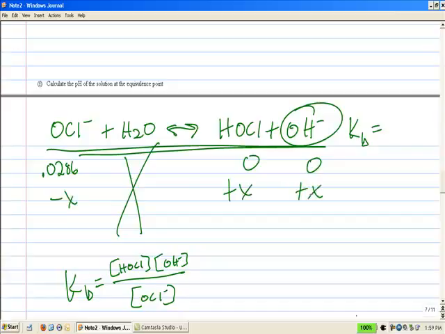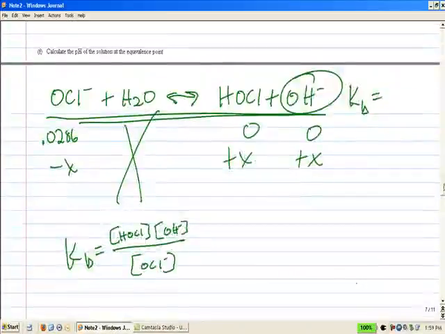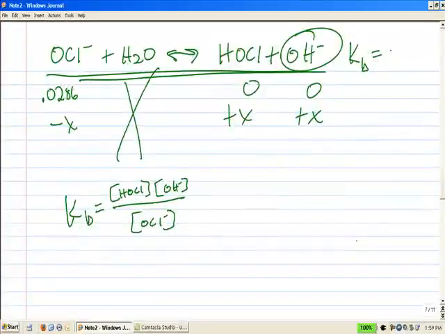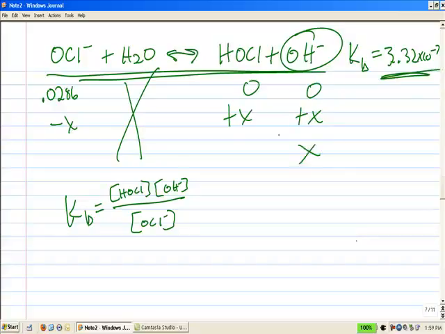How do I know I need to do this? Because I know the value of Kb. I just calculated it, but I think I erased it. It was 3.32 times 10 to the negative 7th. So I know I'm going to need some x's because I know the Kb value. So x, 0.0286 minus x.